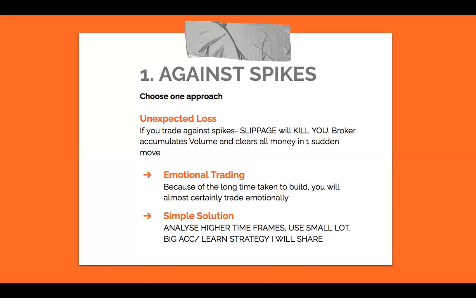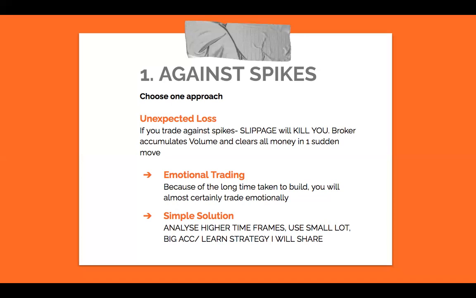The same thing happens with spikes. When the market spikes, if you wanted to execute a contract anywhere in between the gap, or anywhere in between the spike candle, you're actually going to execute it at the end of the spike candle. You can go and read about slippage and market gaps, but this is a basic explanation that I've just given to you.